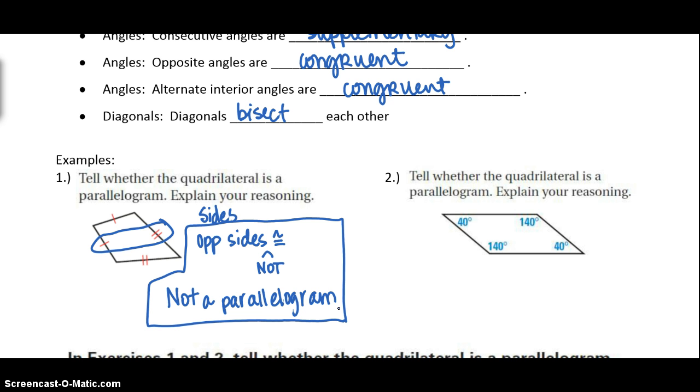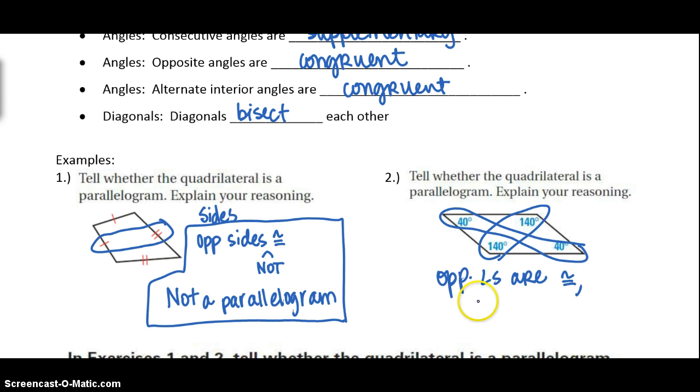So let's look at number two. Tell whether the quadrilateral is a parallelogram and explain your reasoning. Well, these are angles, and the thing we know about the angles is that opposite angles are congruent. And here, the opposite angles are congruent, so it's a parallelogram.